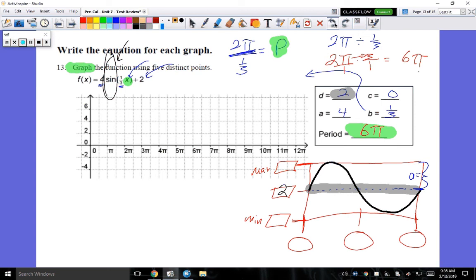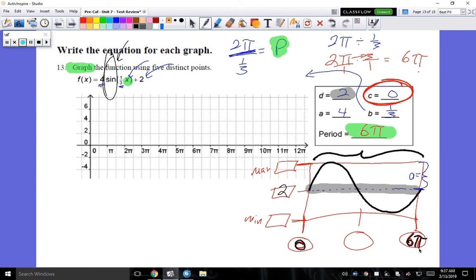So now let's look at the other letters that we have. We have a period of 6 pi. So this whole thing is 6 pi long as far as the period goes. So you're going to put 6 pi right here. There were no shifts left or right, so you know that you're going to start at 0.